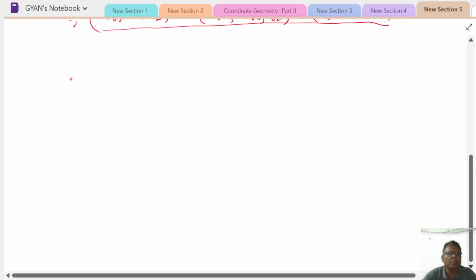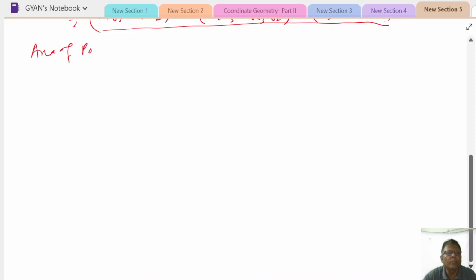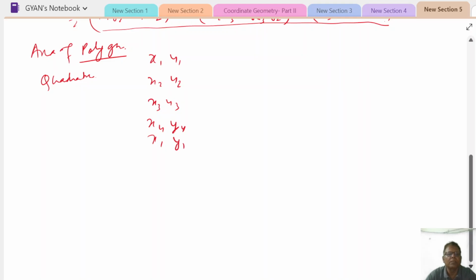Now the area of a polygon. First, the quadrilateral is the same thing. You can write like this: x1 y1, x2 y2, x3 y3, x4 y4, and again repeat x1 y1.